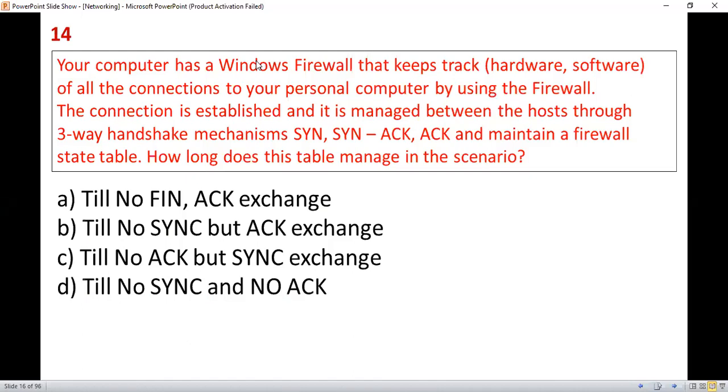How long does this table manage the connection in this scenario? Can anyone tell me how long it can manage?